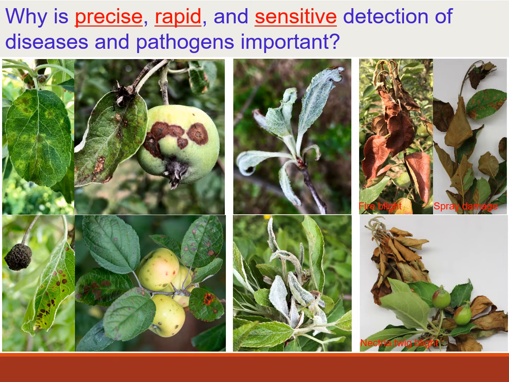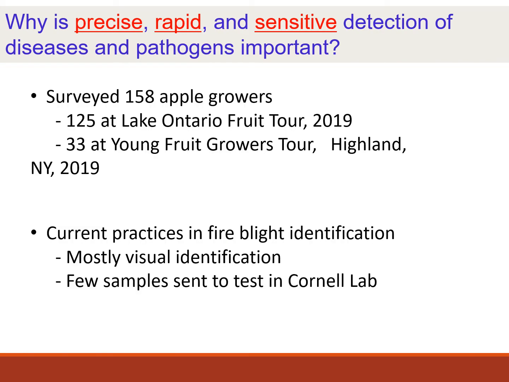Another aspect is misdiagnosis. For example, here you see on right side fire blight. So fire blight symptoms sometimes can be misdiagnosed as spray damage or necrotic blight, or vice versa. We did a survey of apple growers in New York State that included growers at Lake Ontario Fruit Tour and also Young Fruit Growers Tour in Highland.